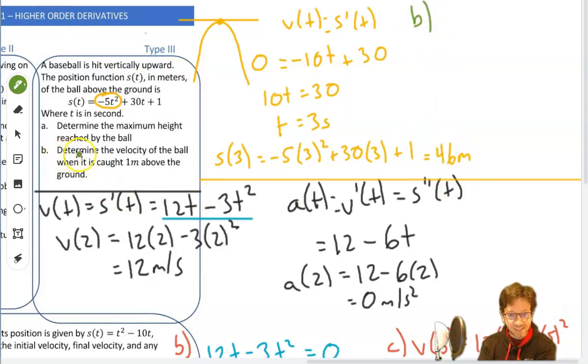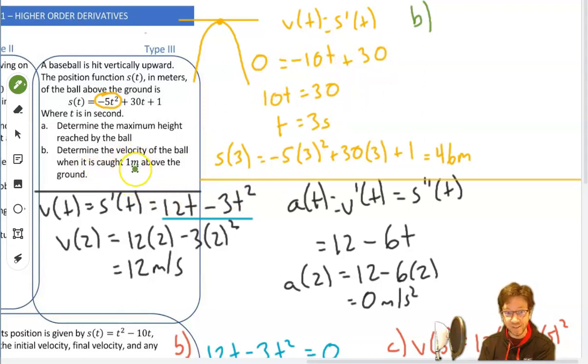So the second part says determine the velocity of the ball when it is caught 1 meter above the ground. Okay, so when is it caught? That's what I need. I have a function for the velocity here, but I need to know at what time it is caught.